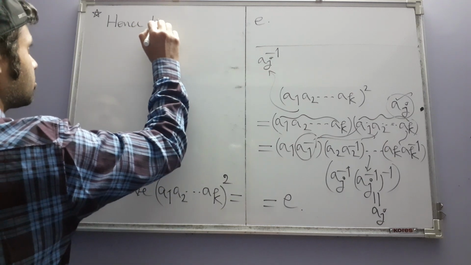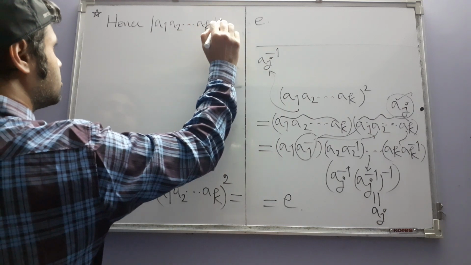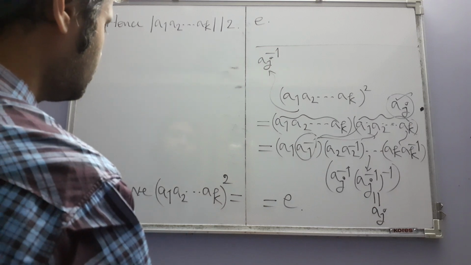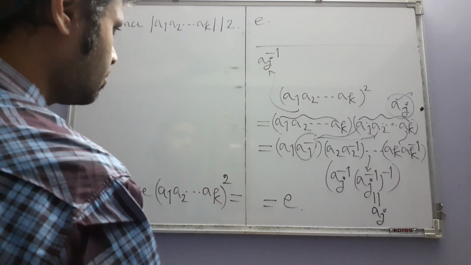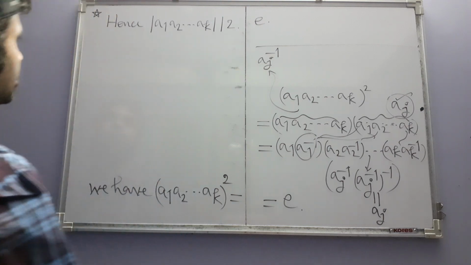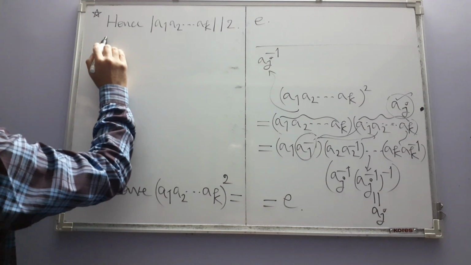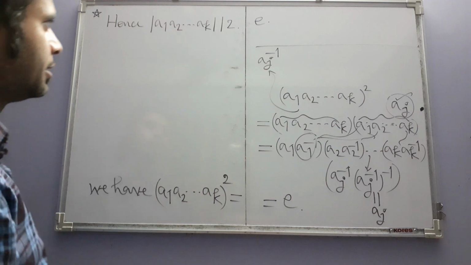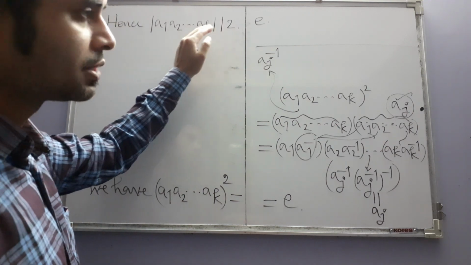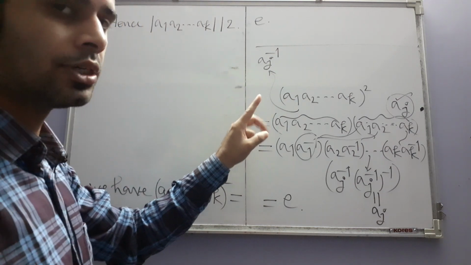Hence, this should divide 2. Now, this is one thing. Just from this we cannot conclude anything definite. It gives us two possibilities. Either this number is 1 or it is 2.